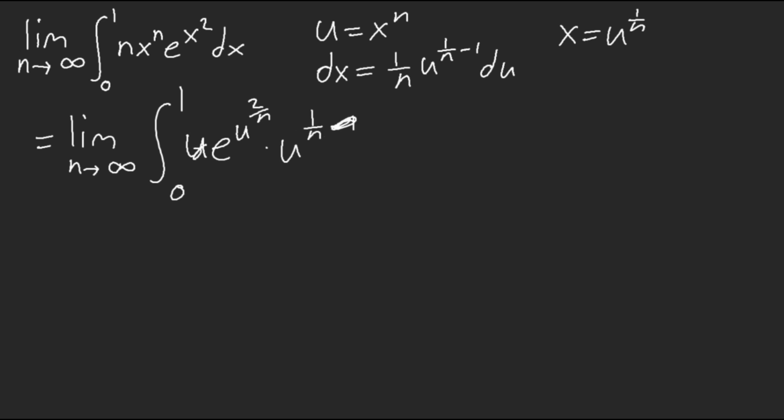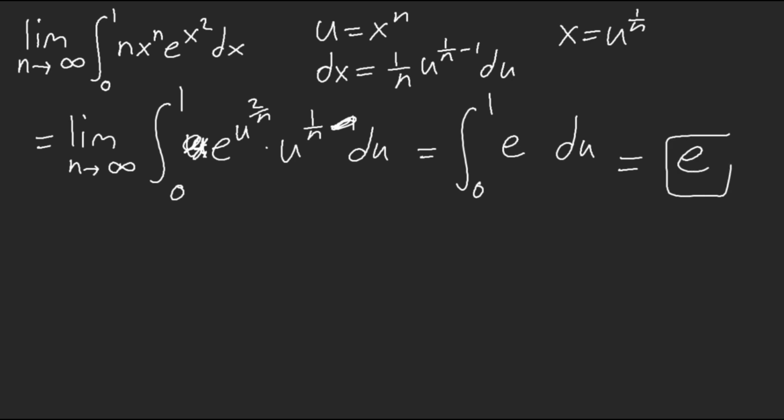This cancels out with this. And now, can we plug in infinity? Yes, we can. So when we plug in infinity, we get, this is 0, so we get e to the 0, and this is 1. So I guess this whole integral just simply equals e.